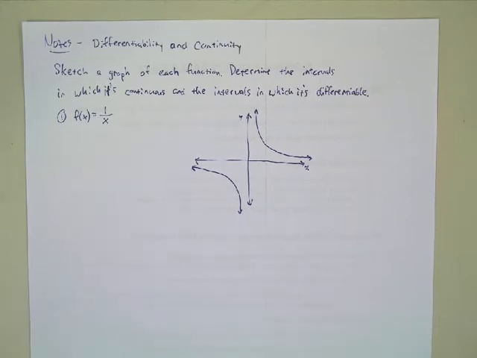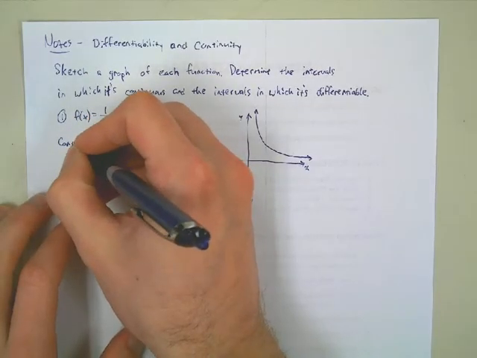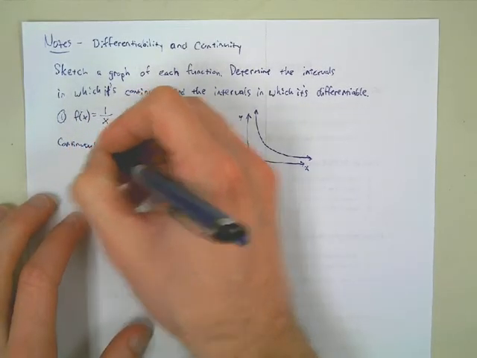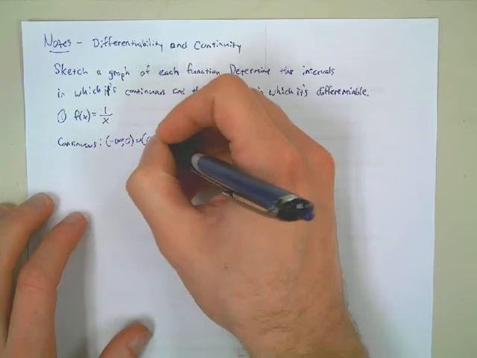So Nate, how would you describe the continuity of this? For what intervals is the graph of 1 over x going to be continuous? Beautiful. Negative infinity to 0, union 0 to infinity.